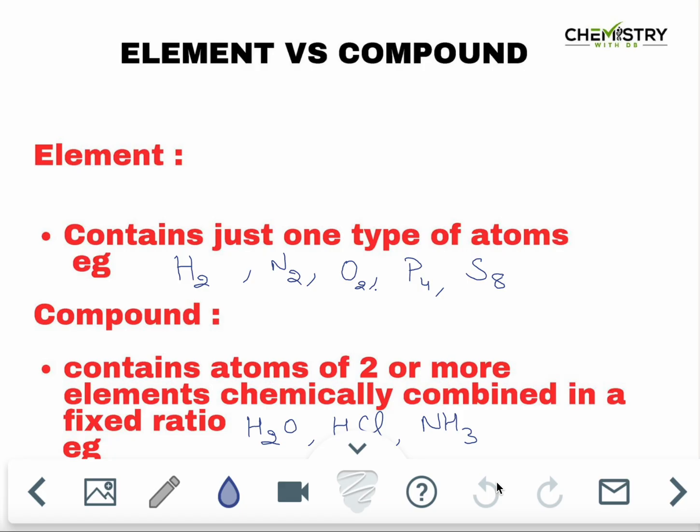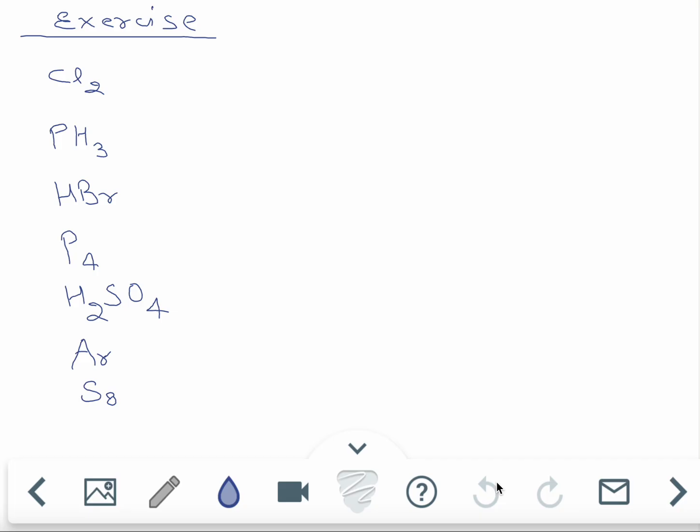Now let's just do a little bit of exercise to revise what we have done. So if we have to categorize these as elements or compounds, then in that case, what would Cl2 be? Cl2 would be an element because it has got two atoms of chlorine, same type of it. Phosphine, PH3, what would this be?